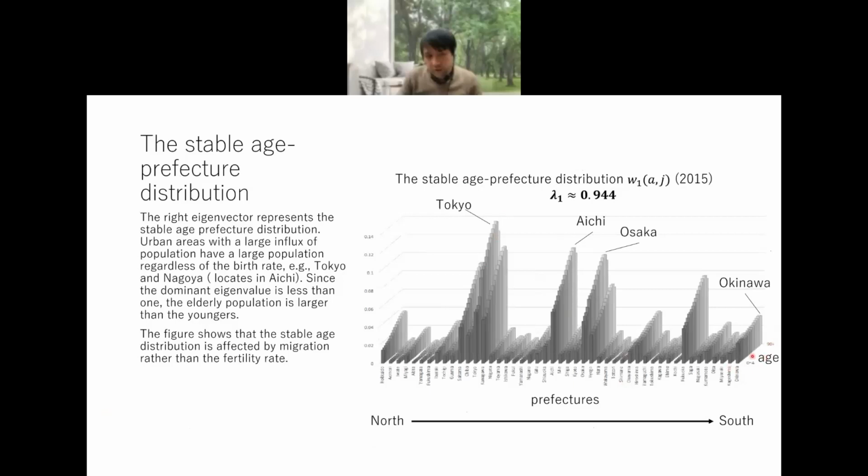This axis is age, and elderly ages have the large population. This is the effect of low birth rate. The figure shows that the stable age distribution is affected by migration rather than the fertility rate, because the elderly population is larger than the younger population.